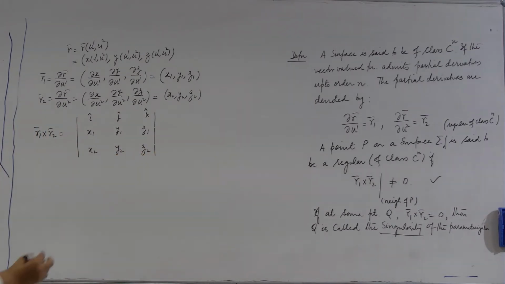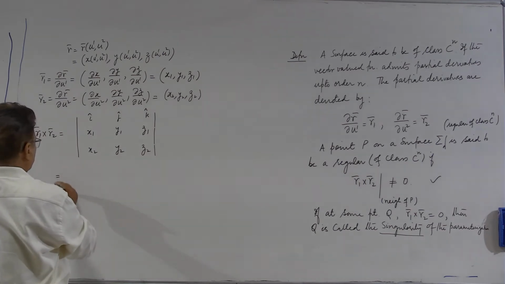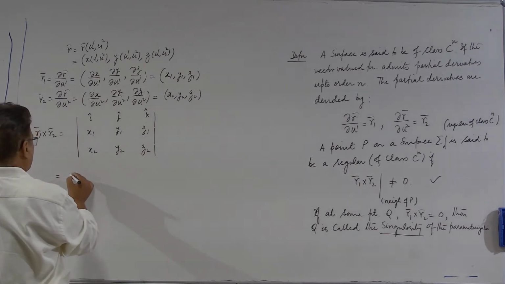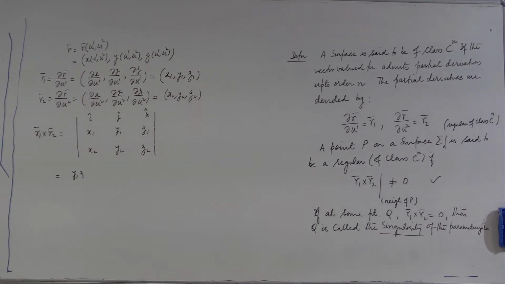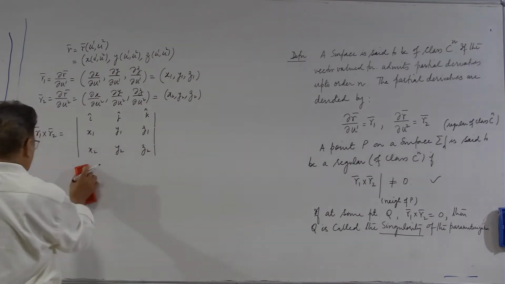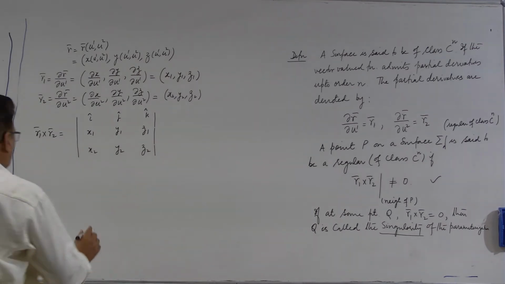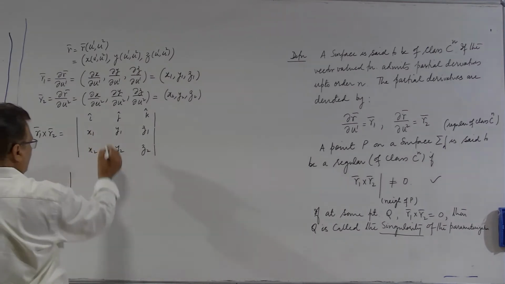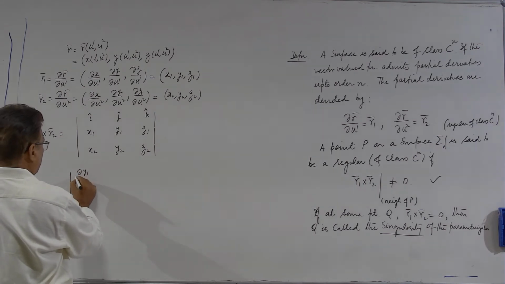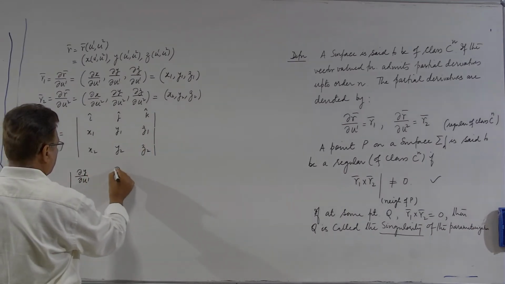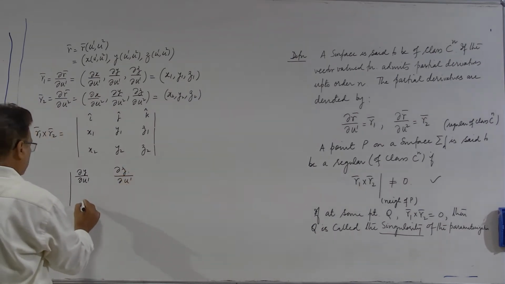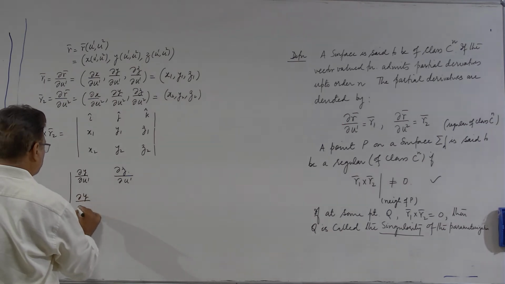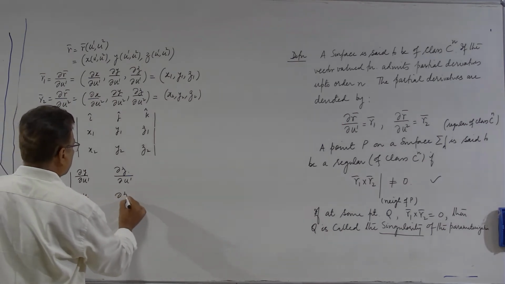The i component is the 2 by 2 determinant of del y upon del u1, del z upon del u1, del y upon del u2, del z upon del u2.